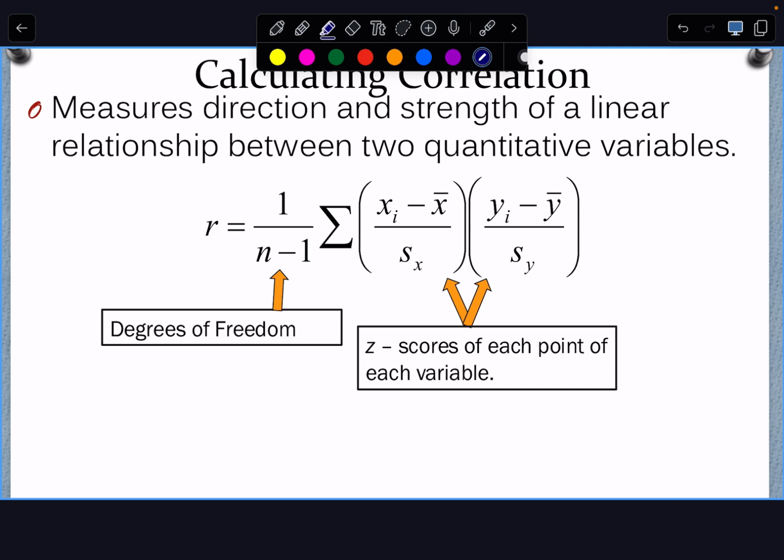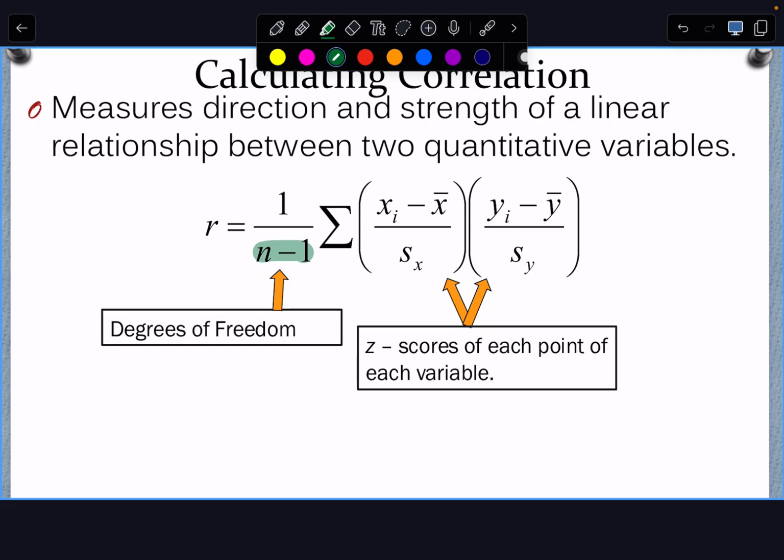And so when I look at the formula here, just like with standard deviation, we notice that we're dividing by the degrees of freedom. So the number of observations minus 1. And then the Greek letter here, the sigma, means summation. So we're going to be adding the values that we calculate inside here.